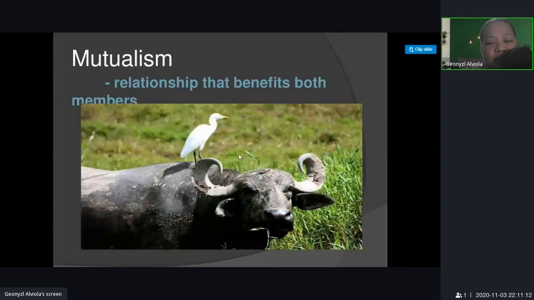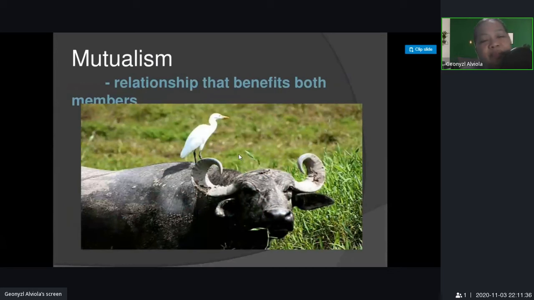This is a mutualism, a carabao and an egret. In Filipino we call it tagak. The egret will pick up the ticks that stick on the skin of the carabao. And the carabao gets relief from those ticks, especially on the back portion which cannot be reached by their heads.